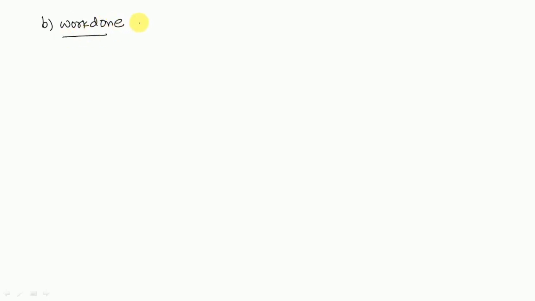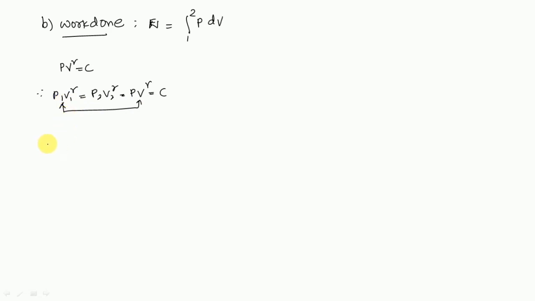So work done as per the first law, we know the work done is W = ∫₁² PdV. We already know PV^γ = C. So we can write P1 V1^γ = P2 V2^γ = PV^γ = C. From this and this equation, we can write P = P1 V1^γ / V^γ.